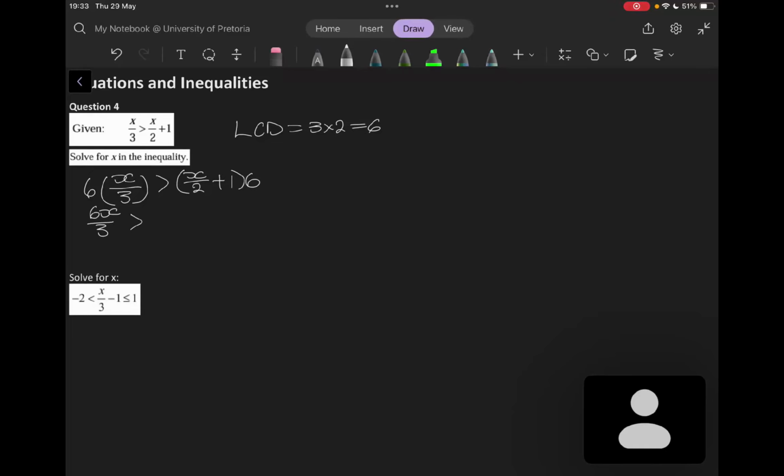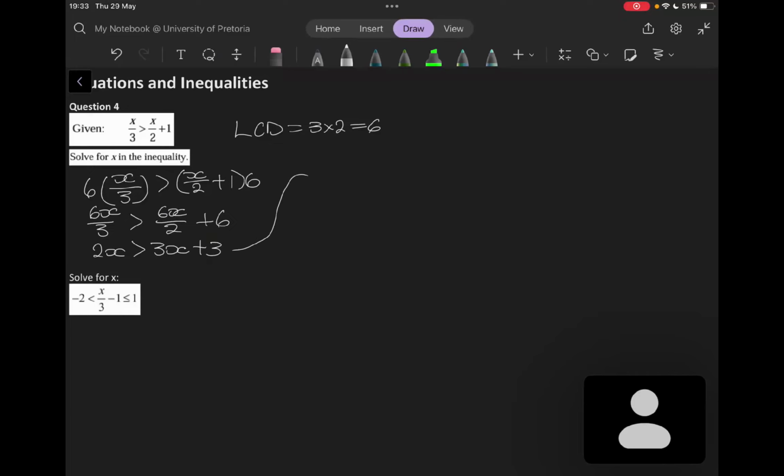On the right side, we have 6x over 2 plus 6. Let's simplify. On the left-hand side, 6 divided by 3 is 2, so we have 2x. On the right-hand side, we have 6 divided by 2, which is 3, so we have 3x plus 3.